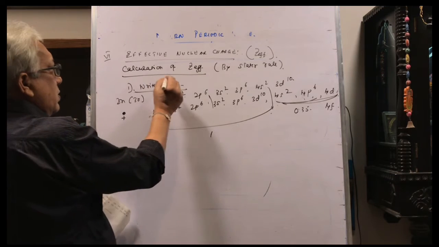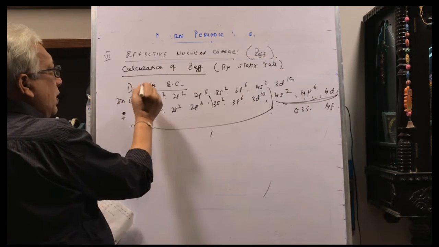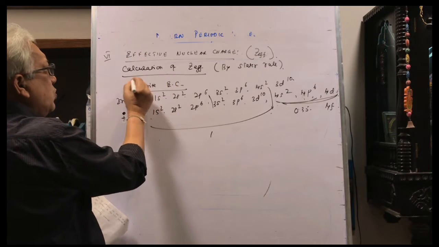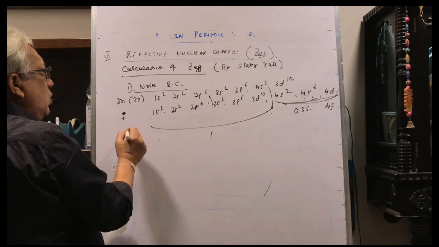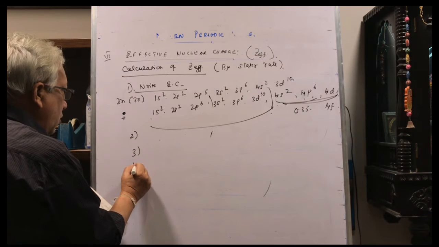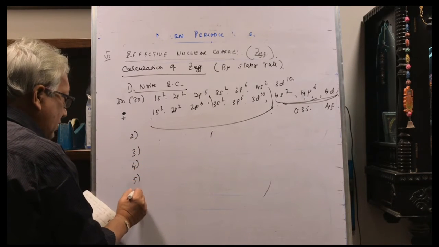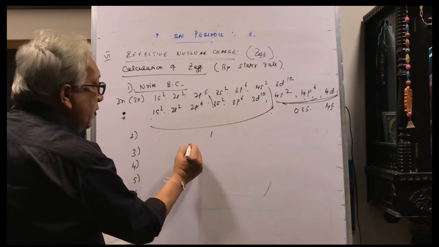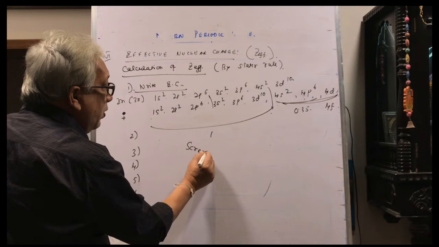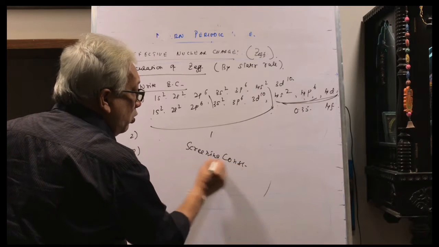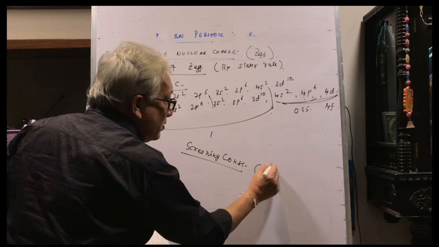So first you have to calculate the screening constant, then you have to calculate the Z effective. So what I told you, 0.1, 2, 3, 4, 5 and 6, all these things that I have discussed, this is related to the calculation of screening constant, or you can call it a shielding constant, and it is denoted by sigma.